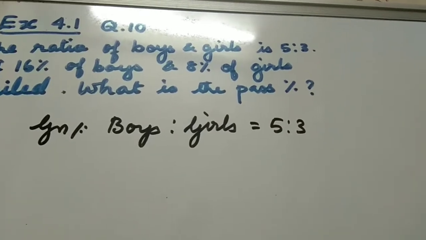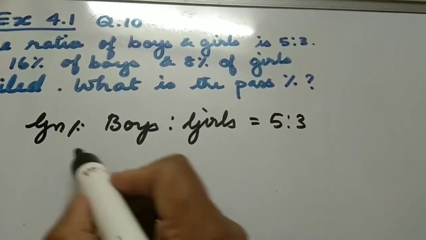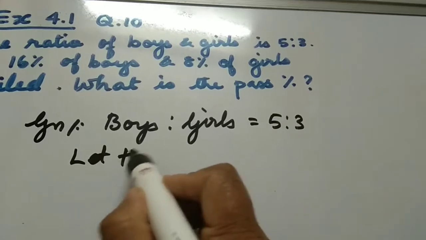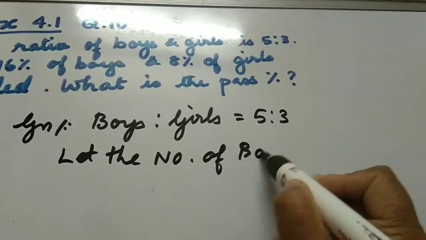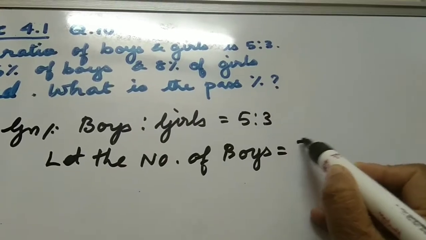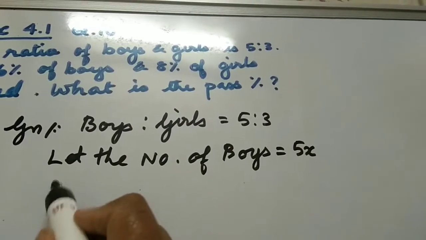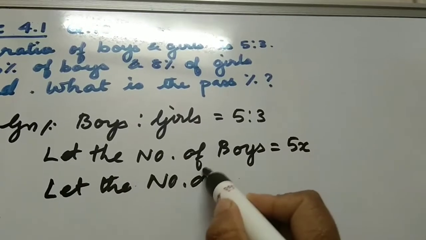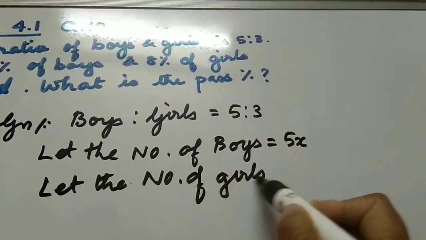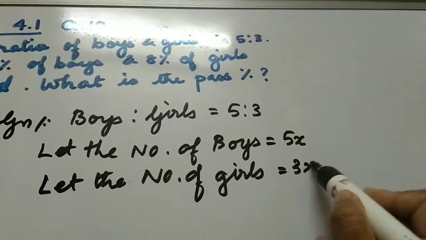So therefore, in general, we take let the number of boys be equal to 5x and let the number of girls be equal to 3x.